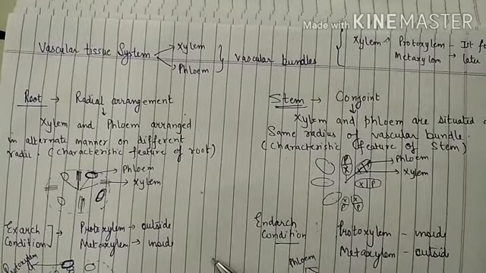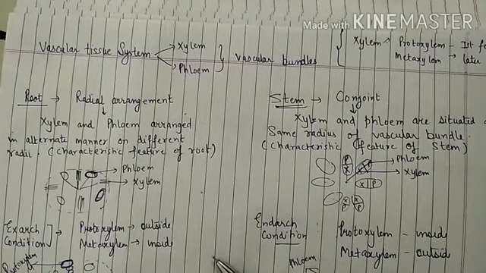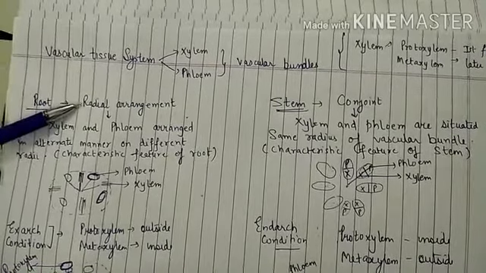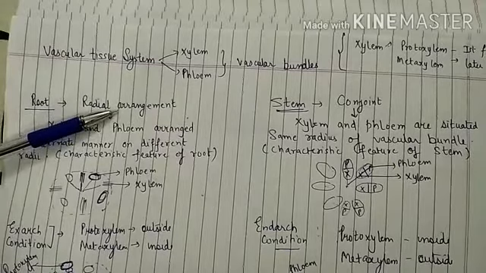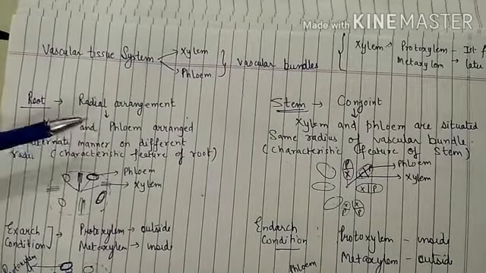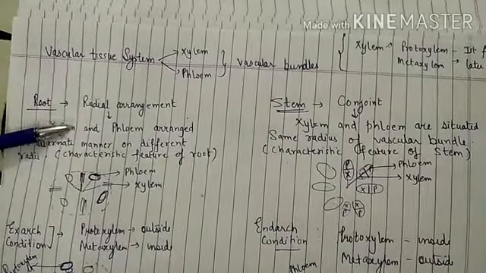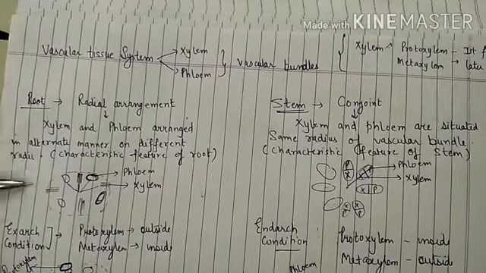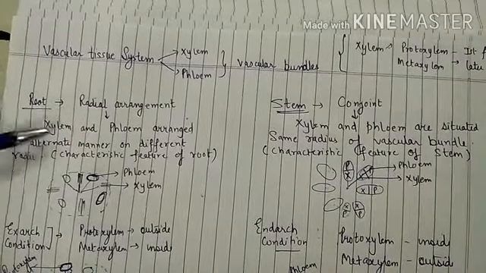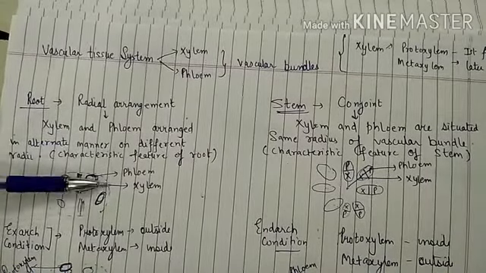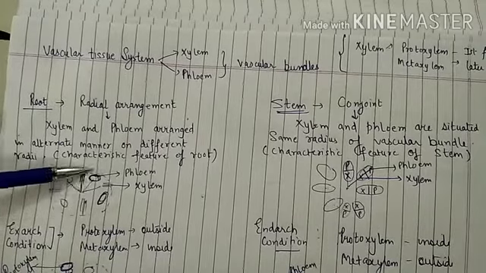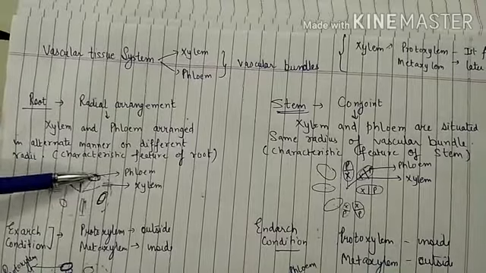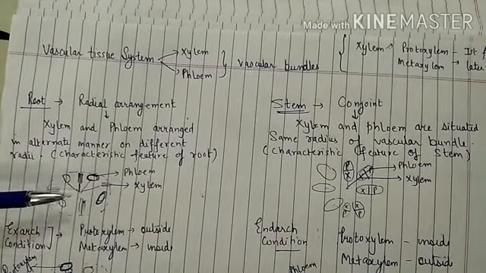Here you will remember that in root there is a radial arrangement of vascular bundles. Radial arrangement of vascular bundles means xylem and phloem are arranged in an alternate manner on different radii. As you are observing here, phloem is placed here and next to it xylem is observed, so they are on different radii.